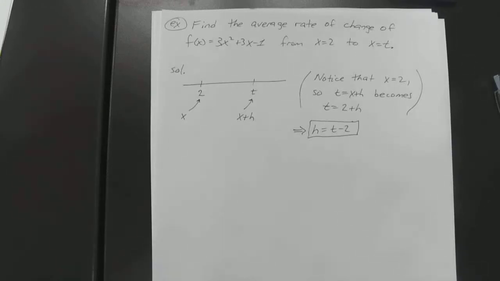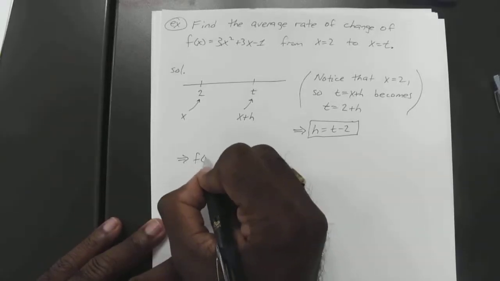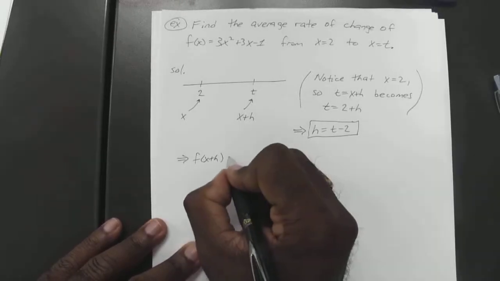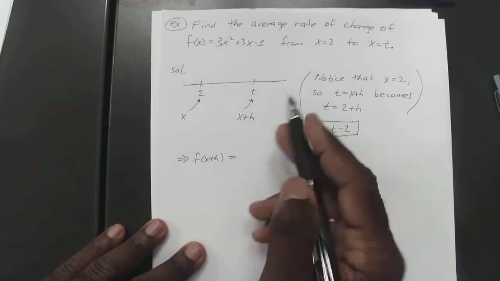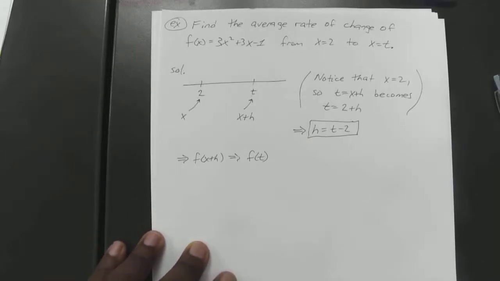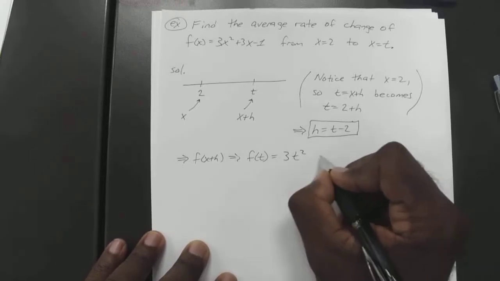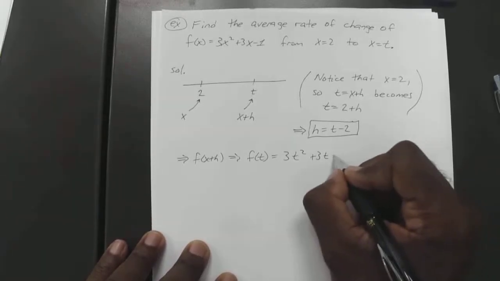Now we have to solve for f of x plus h and f of x. Your x plus h is t, so it's just f of t, which becomes 3t squared plus 3t minus 1.